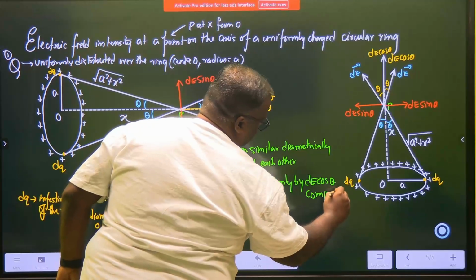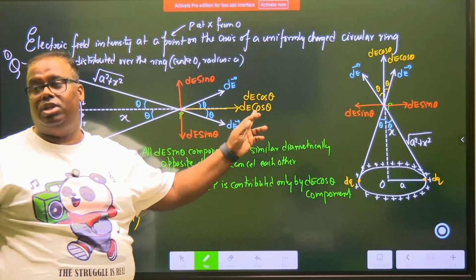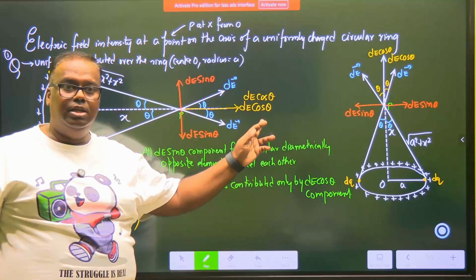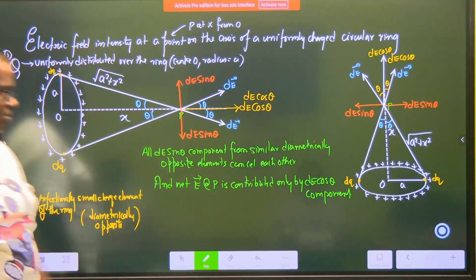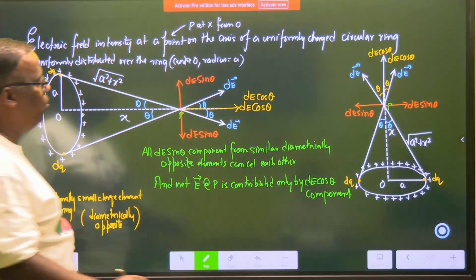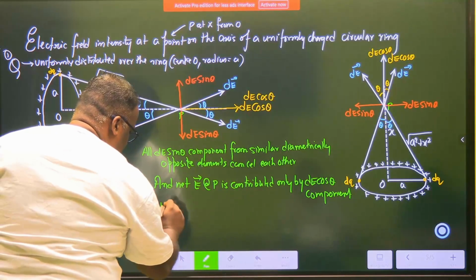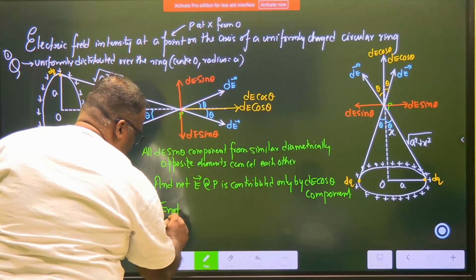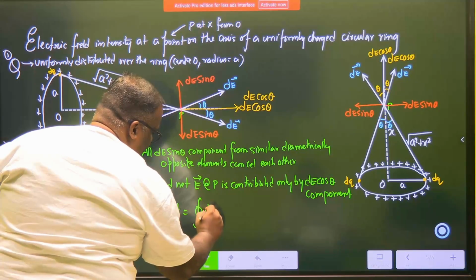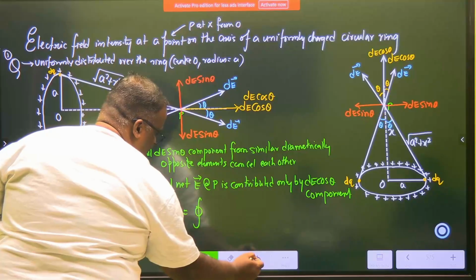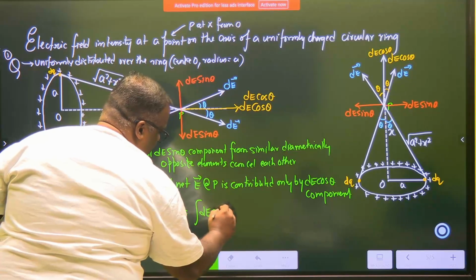Agreed or not? Now, since you are seeing 2, you will say, sir, the net electric field is 2 dE cos theta. But children, there are many dE cos thetas. Yes or no? So the net electric field at P now will be given as the integral of dE cos theta.